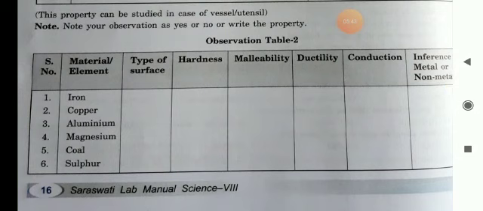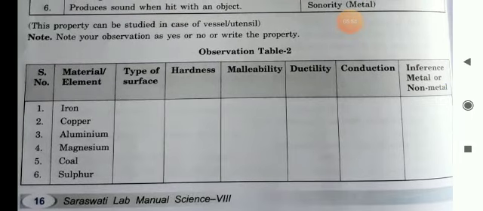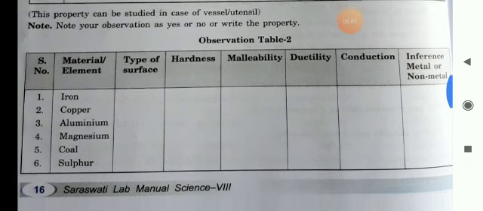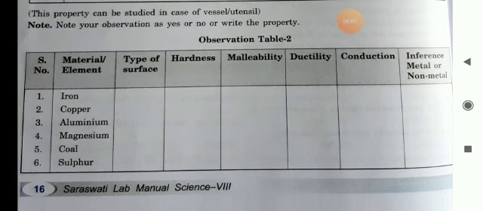That means the surface is hard, malleable, ductile, a good conductor. And so the inference, that means the result, is all these four are metals. But the last two, coal and sulfur, are non-metals. So in each case it is no, and the inference, that means the result, is non-metal.